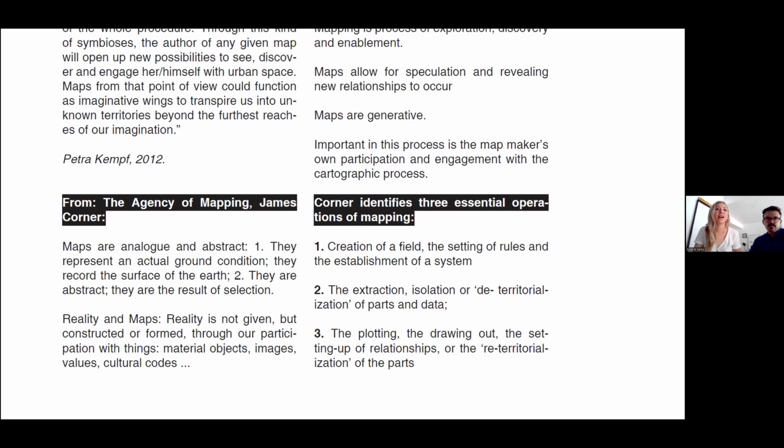Okay. And now that you're zooming here, there is a really important note there that says maps allow for speculation and revealing new relationships to occur.